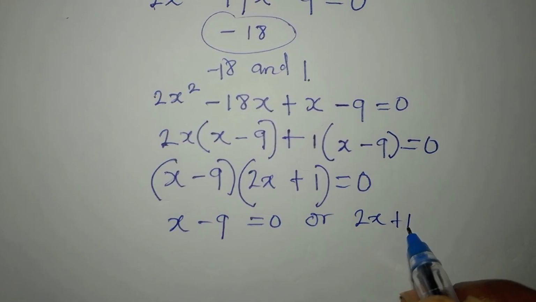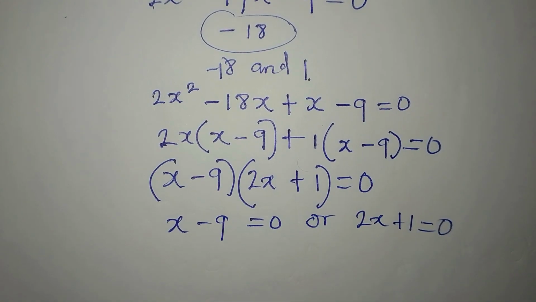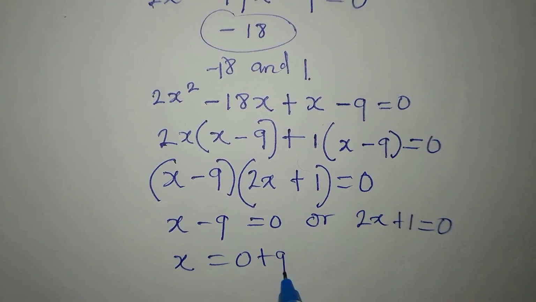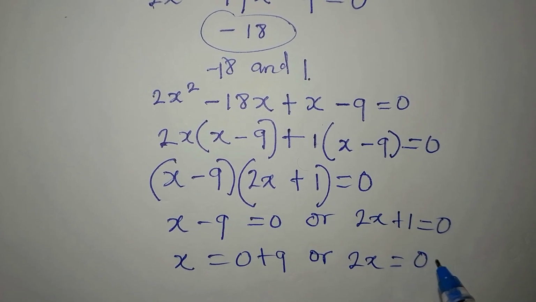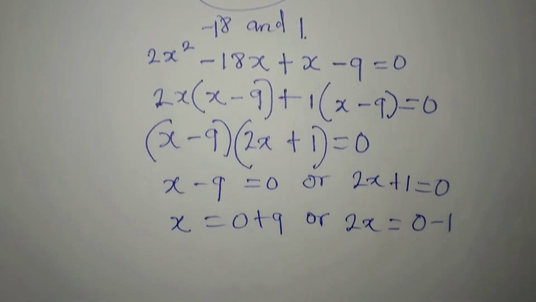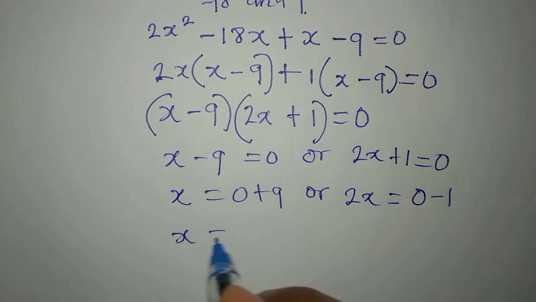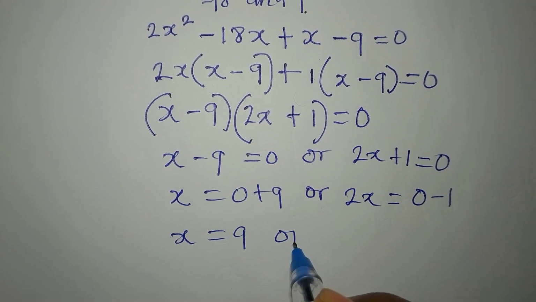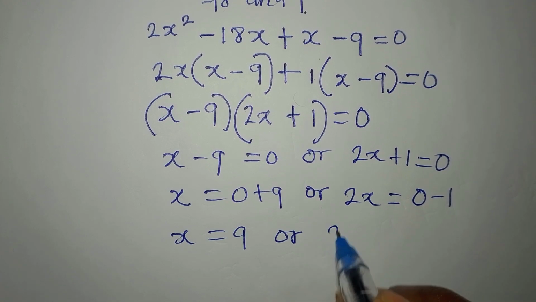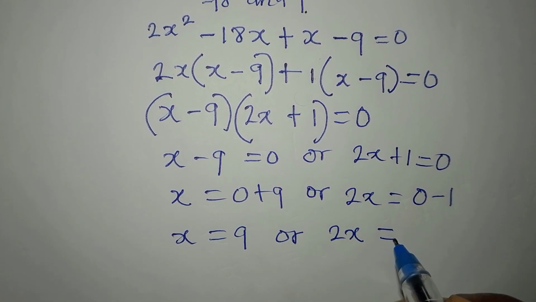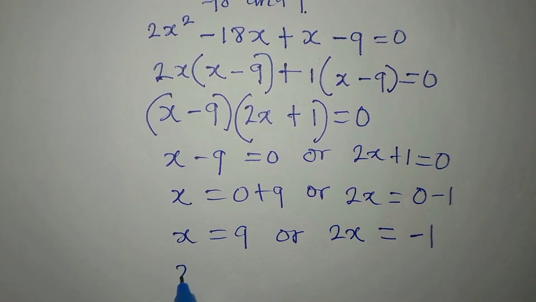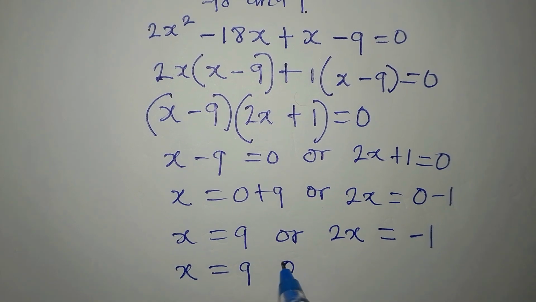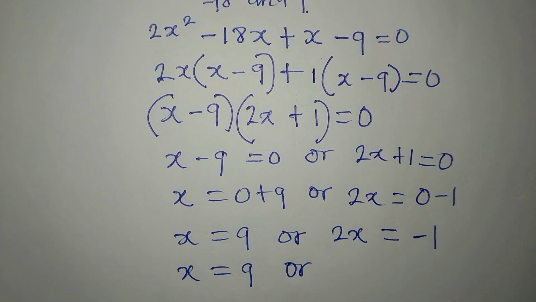x minus 9 is equal to 0, or 2x plus 1 is equal to 0. Now x from here is equal to 0 plus 9, or on this side 2x is equal to 0 minus 1. So x is equal to 9, or on this side 2x is equal to minus 1. x here remains 9, or on this side, you know what to do, right?